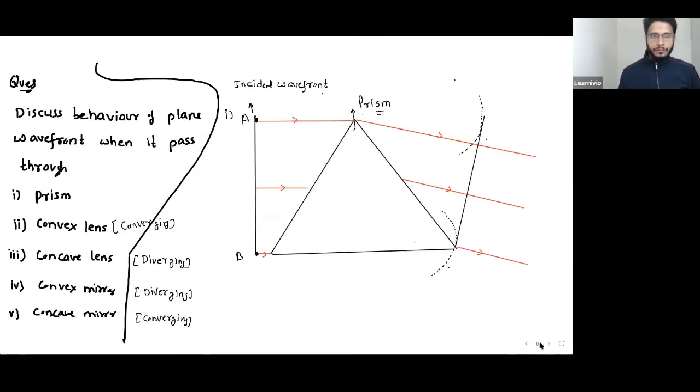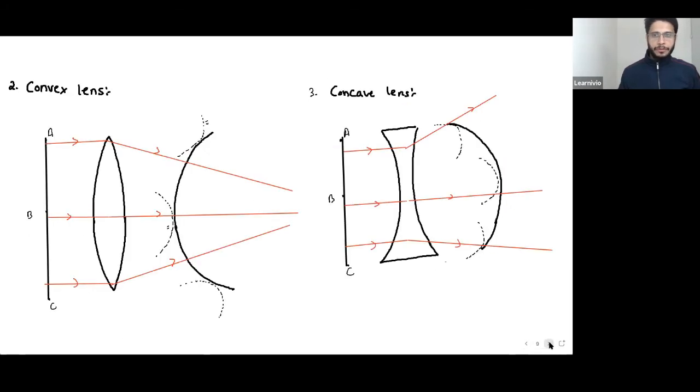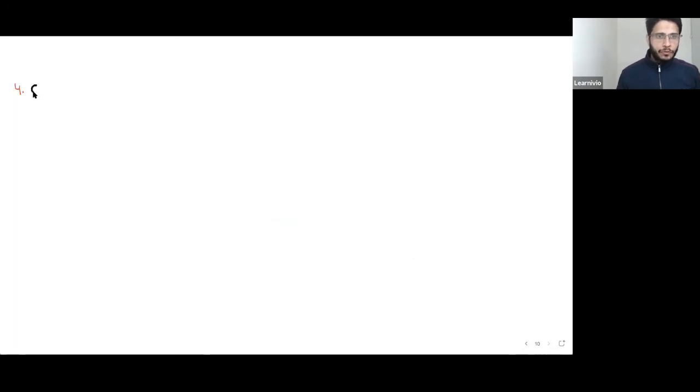After the concave lens, the next is the convex mirror and then the concave mirror. A convex mirror is a diverging mirror. This is the shape of a convex mirror. This is the polishing.